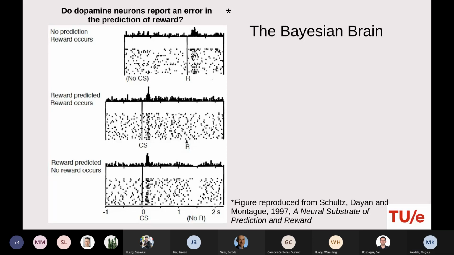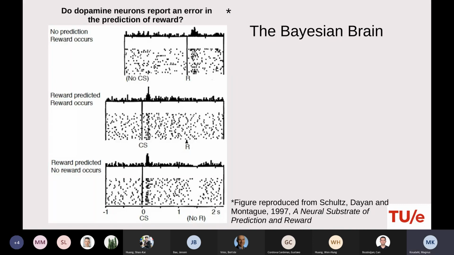So the way to read this figure is that each row represents a single neuron that's being recorded. So naturally, they collect data from a bunch of neurons. Each black dot represents a spike. And that'll give you this nice sort of spotted pattern that you see over time going from left to right.